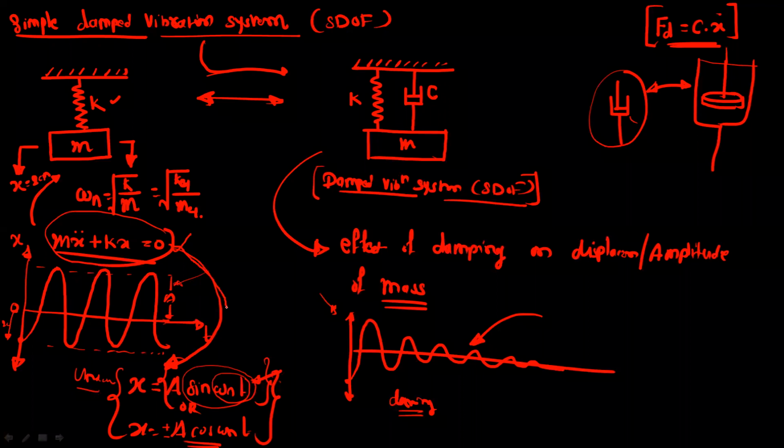By solving this equation, by using the D operator method or any other method to solve the differential equation, we have to find this equation, which is called the solution of the differential equation. This solution will give the actual vibration response. So let us see how to construct the equation of motion for the damped vibration and how to find its solution, that is nothing but the displacement x.